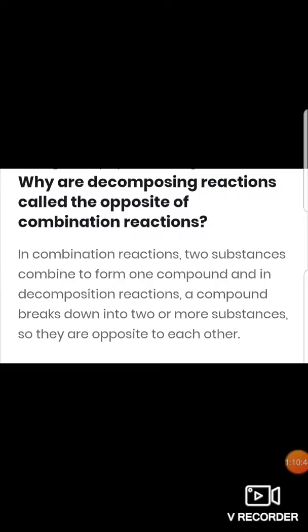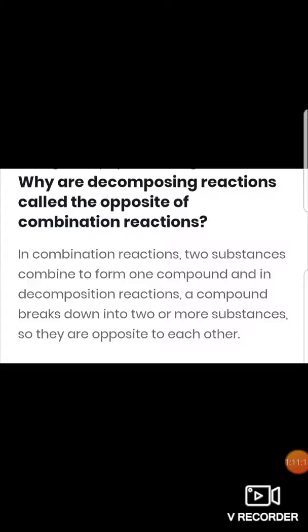In a combination reaction, you take two different elements and they will react and give you one compound, one product. Means in a combination reaction, there are two reactants which will give you one product, and in a decomposition reaction, there is one reactant which will break down and give you two or more products.